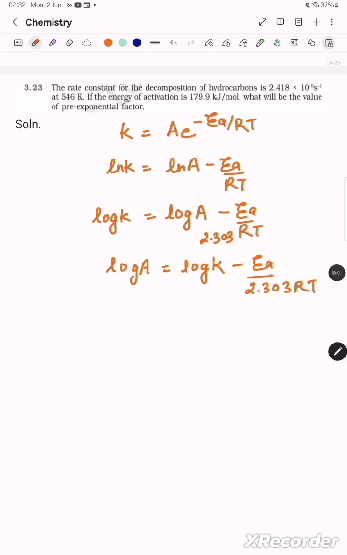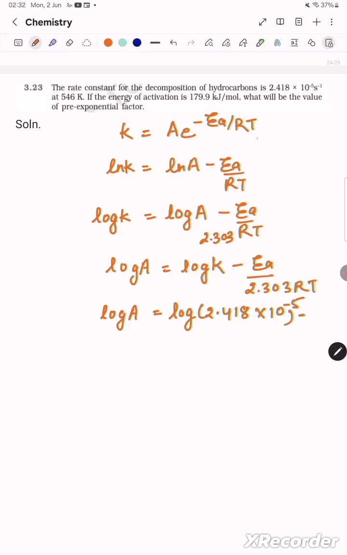Now putting all the values, log A is equal to log K value. Here K value is given: log 2.418 multiplied by 10 to the power minus 5, minus Ea value.